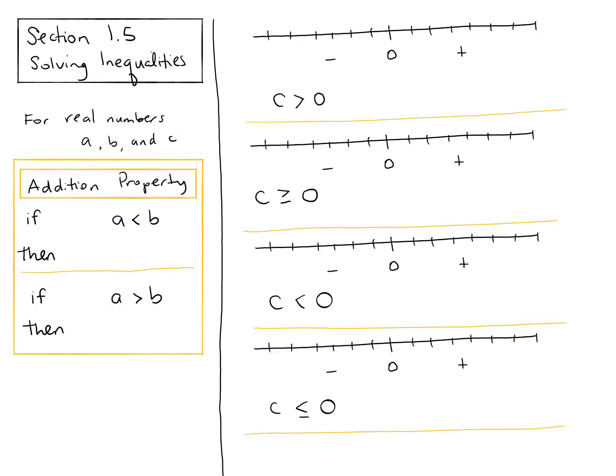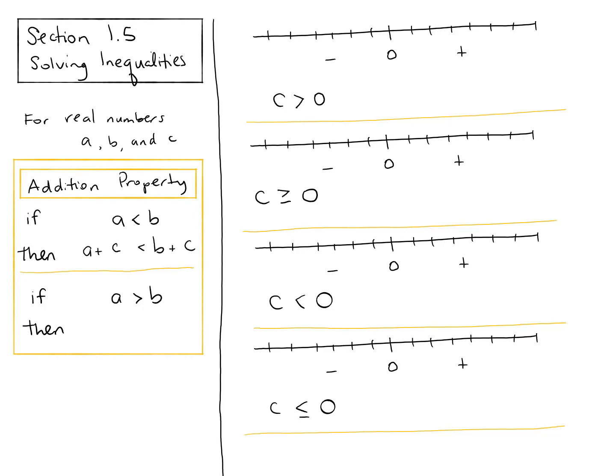Alright, so we're moving on from doing the intervals, and we have some properties about inequalities to do. The first property we have is the addition property, and it says for real numbers a, b, and c, if a is less than b, then you can add c to both sides and the inequality doesn't change.